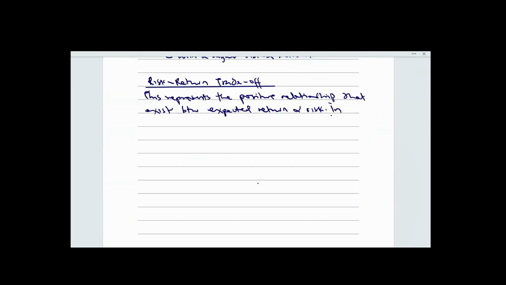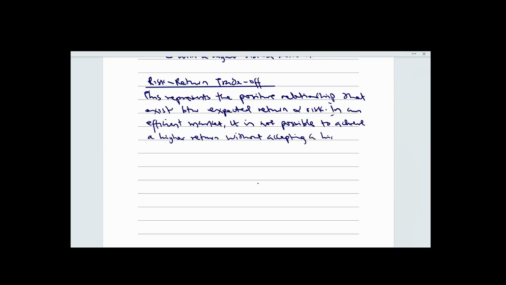In an efficient market, it is not possible to achieve a higher return without accepting a higher risk.